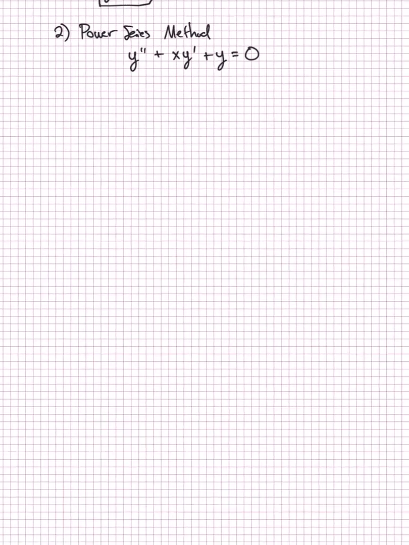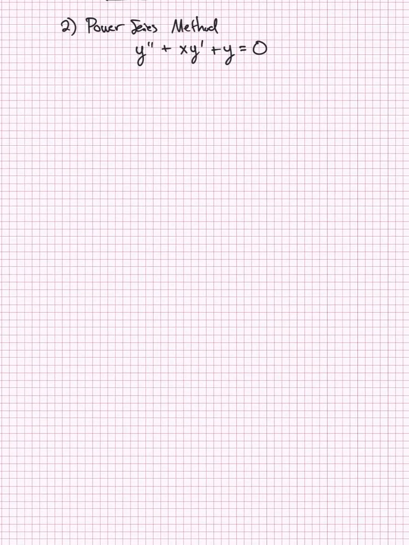So, you can always check the first couple of terms to see if you're getting the right solution. All right, so for the second one, this will be similar, but now we have 3 terms here. Again, we can apply the power series method. And what we'll get is the sum of m times m minus 1 am x to the m minus 2.